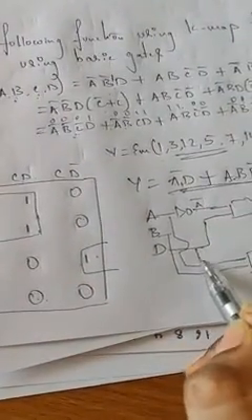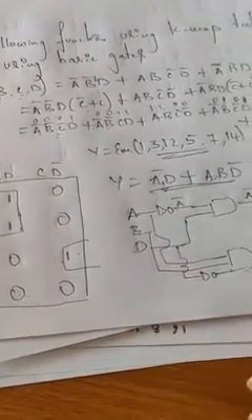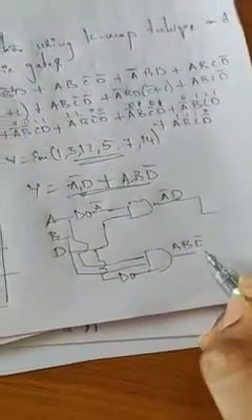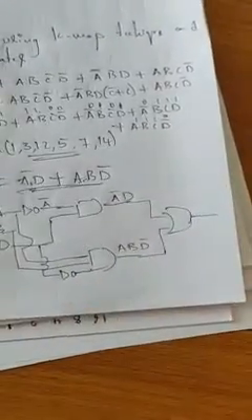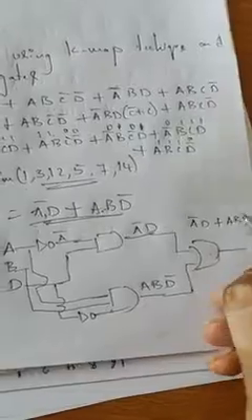I am just taking a connection from here and adding a bar, that is nothing but the NOT gate. The output is A B D bar. Both of them should be connected by an OR gate. This is an OR gate. So what would be the expression? A bar D plus A B D bar. This is the final expression.